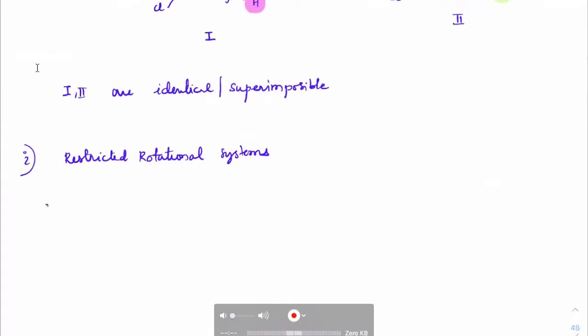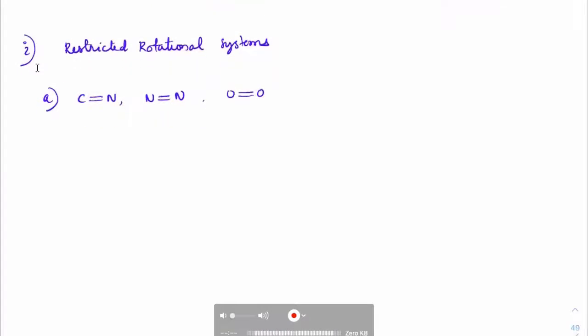First case where we have C double bond N, got it, or N double bond N. On these two systems, or we can also have O double bond O. In these three systems, we can also see geometrical isomerism possessed.